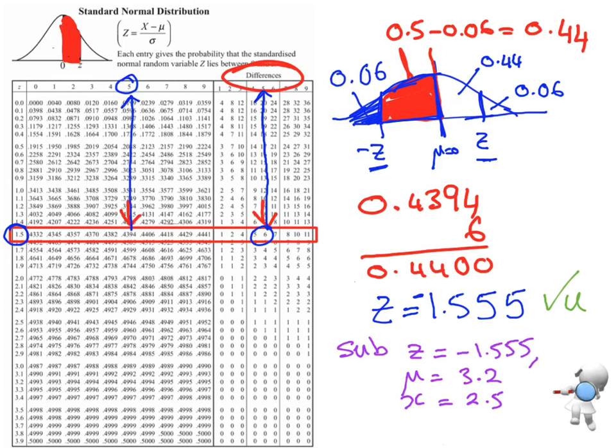And I'm going to substitute those numbers into our formula. Z equals X minus the mean over standard deviation. And if you just look at the top of the table, that formula is given to you there at the top as well. So you don't need to memorise this formula. You just need to know how to use it.